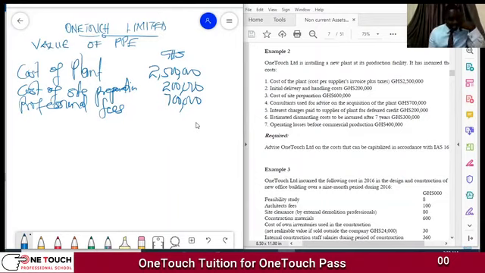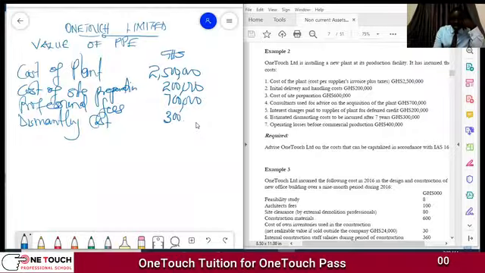So we can't class this as part of the cost. Then estimated dismantling costs to be incurred after 7 years. So dismantling cost is part. Then that is 300,000.